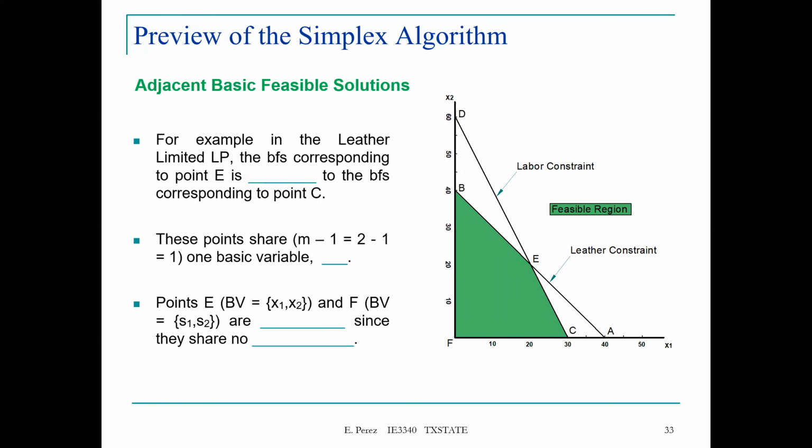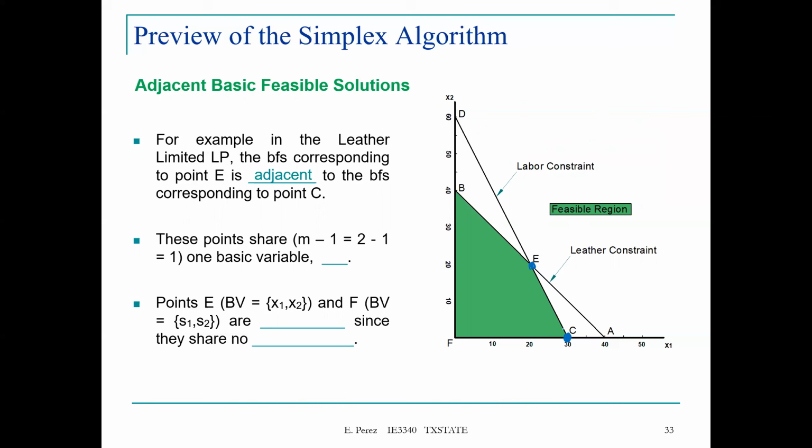So for example, in the leather limited LP, the basic feasible solution corresponding to point E is adjacent to the basic feasible solution corresponding to Z. These two points share, or they're next to each other, connected by that line.